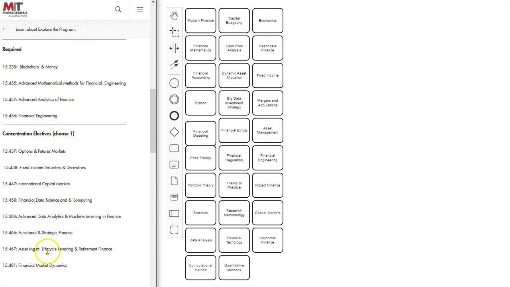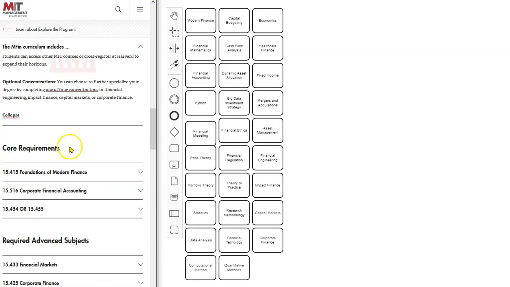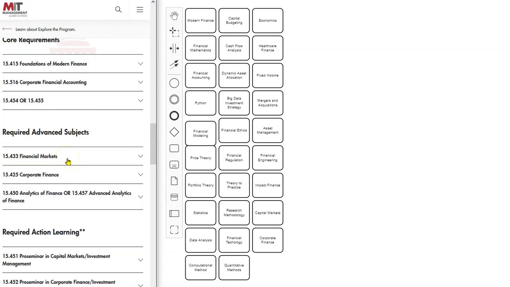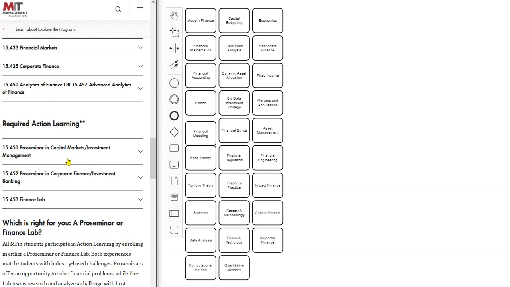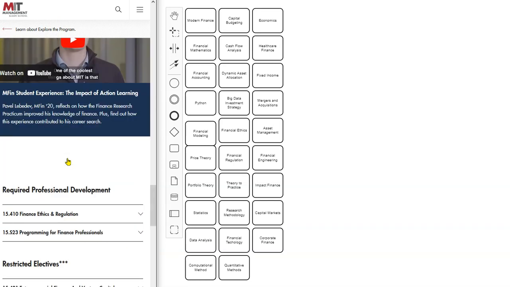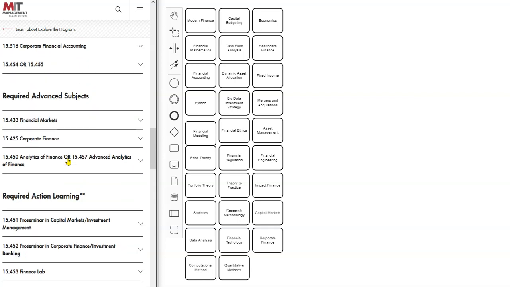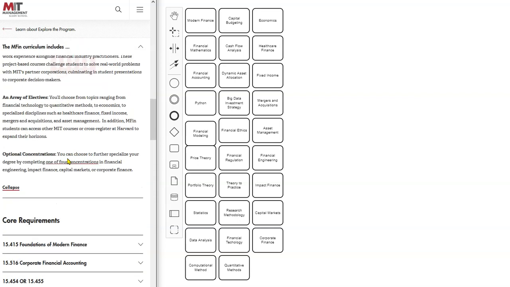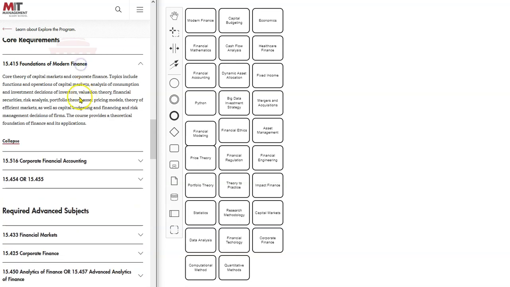Okay, so here we are. Here's these courses here, and then back on this other page we have more of these. And there's a bunch of stuff here you can focus on. Let's go to the core requirements. Core theory of capital markets and corporate finance. Okay, we got corporate finance, capital markets.